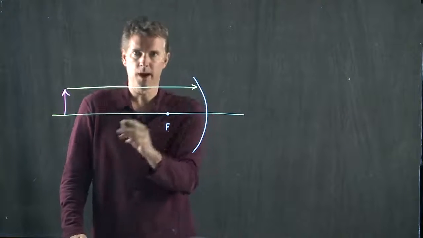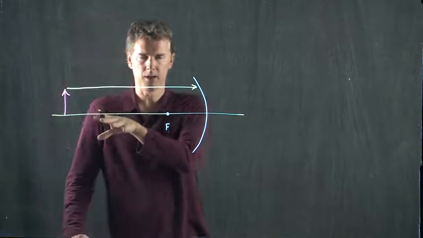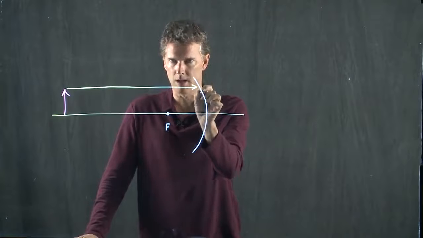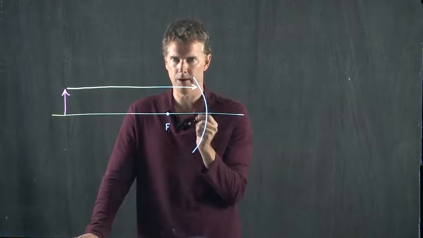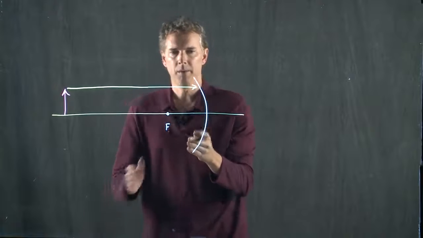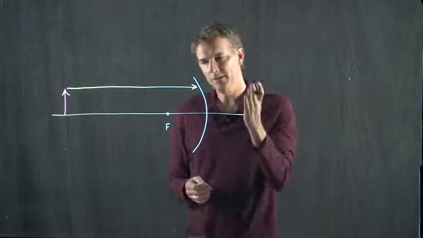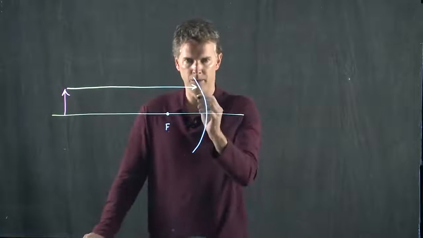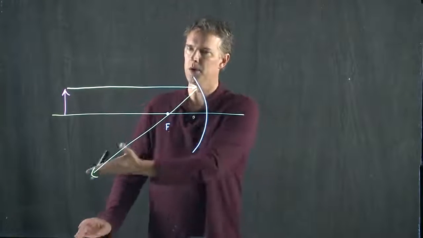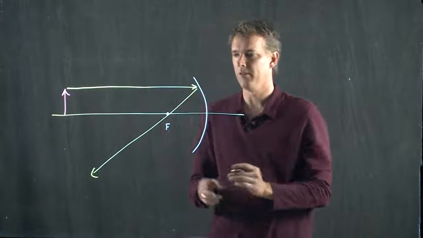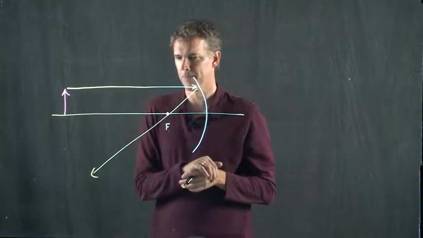There will be a ray of light from the object that goes parallel to the optical axis. It's going to come towards the mirror parallel. When it bounces off the mirror, it's going to go through the focal point, and it'll just keep going on out. So that's a very important one.